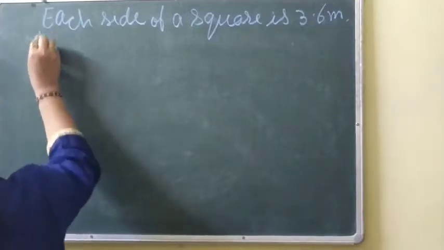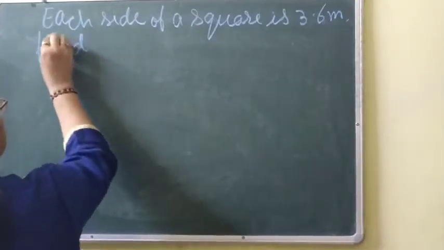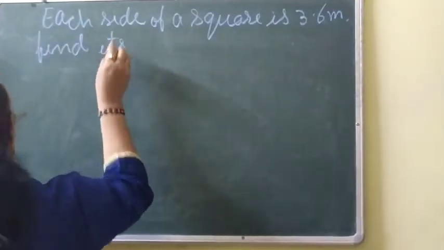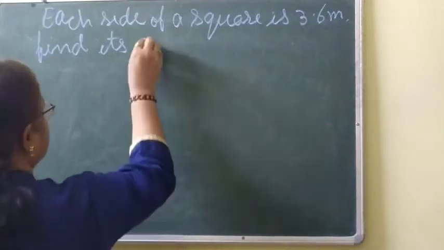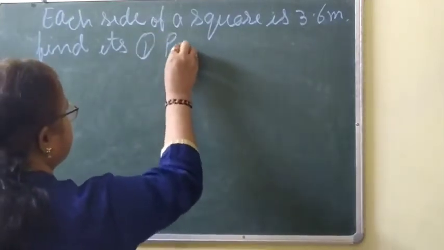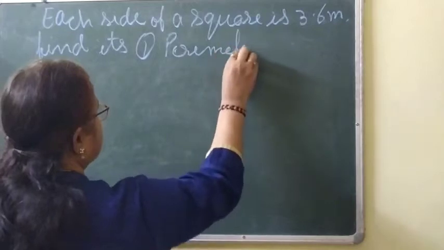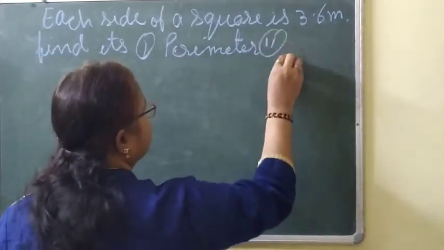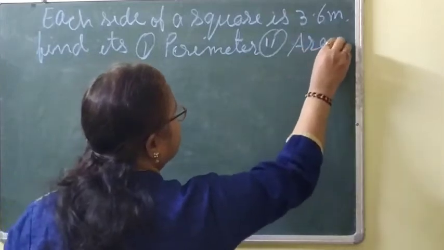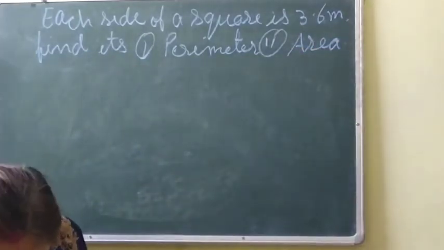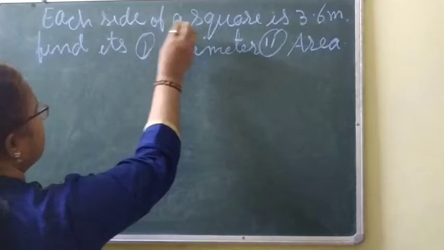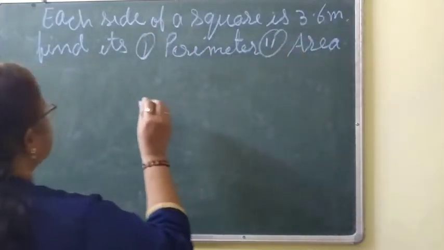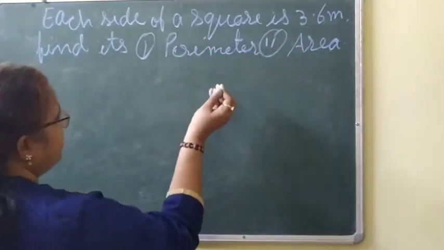Find its perimeter and area. First perimeter, and second area. Now, each side of a square is given what? 3.6 meter. Perimeter and area.